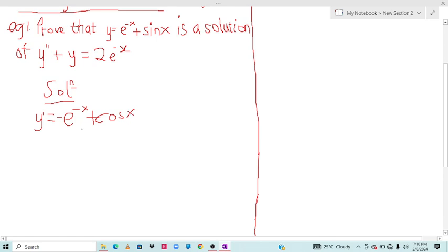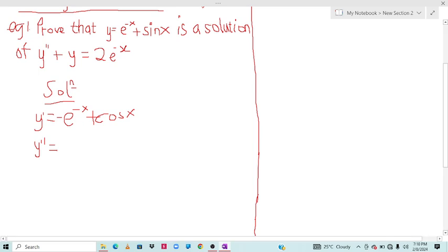Okay, now because this is a second order differential, we need to differentiate it again. Now let's find the second differential of the function. Let's differentiate negative e exponent negative x again, we are going to end up getting e exponent negative x. Why?